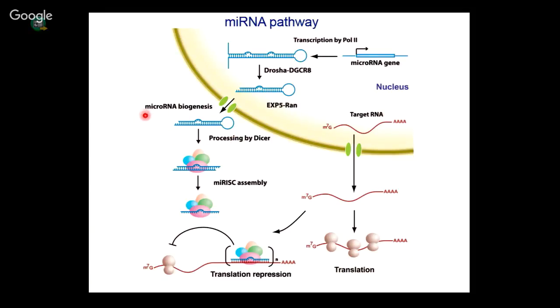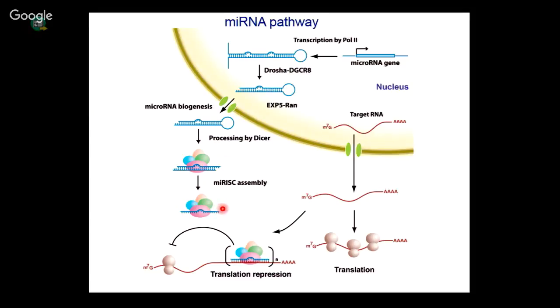In the cytoplasm, it continues the microRNA biogenesis, similar to siRNA, shRNA or long double-stranded RNA. It can be processed by Dicer to generate a double-stranded intermediate, followed by the RISC assembly step. The microRNA RISC, which we call miRISC, is the RISC associated with microRNA.